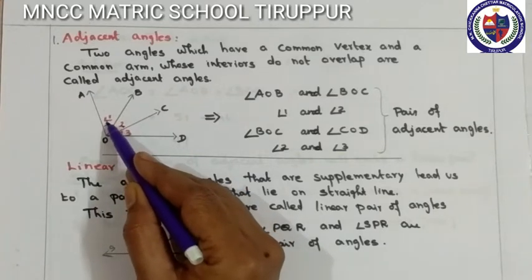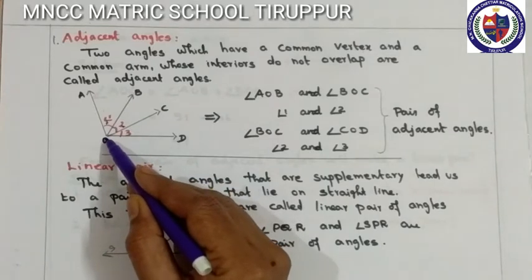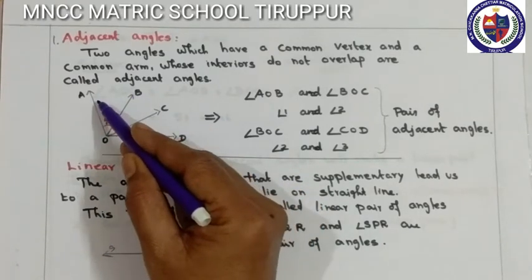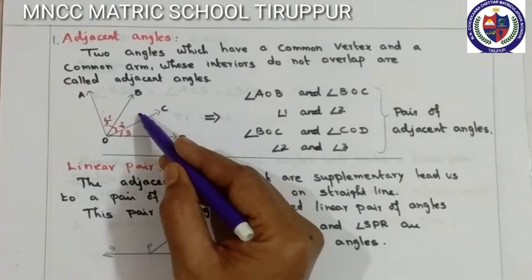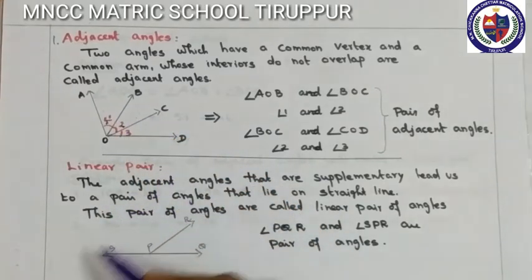So, two angles, angle 1 and angle 2, have common vertex O and common arm OB. OB is the common arm between the two angles AOB and BOC, so these two angles are adjacent angles.